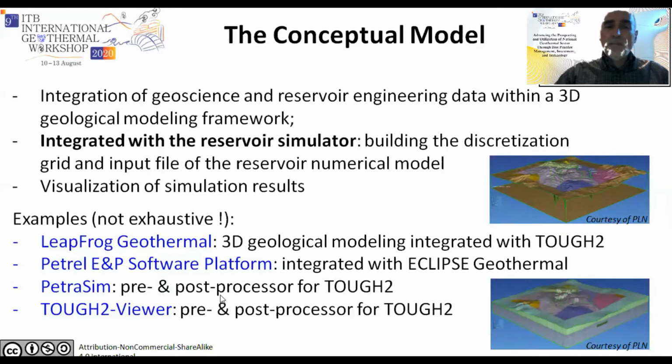Other pre- and post-processors with less developed geological modeling capabilities are PetraSim, and this is an example of a model developed within PetraSim at the conceptual level, and then the grid built for TOUGH2. Another pre- and post-processor is TOUGH2 Viewer.